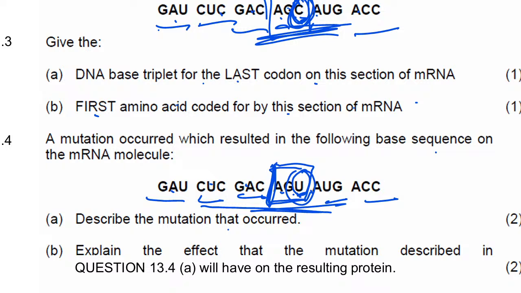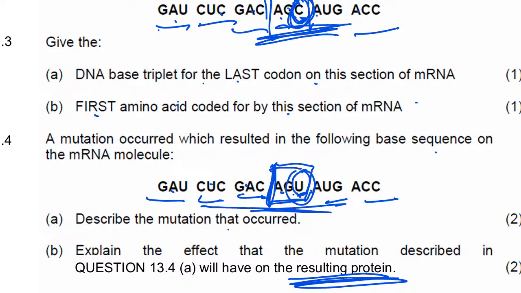Then they're saying explain the effect that the mutation described in the question above will have on the resultant protein. So we have seen that the protein will not change because it coded for the same amino acid.